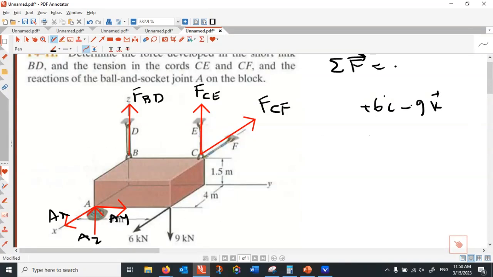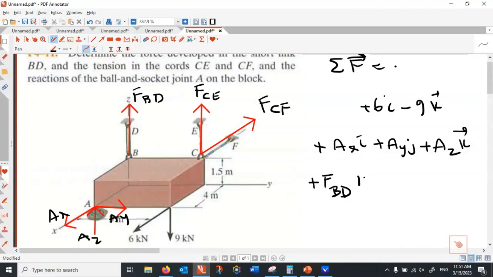How do I add A forces here? So that is plus AXI plus AYJ plus AZK, correct? Correct. So far, I took care of external forces and A. The next one is FBD. So how do I include FBD? That is plus FBD times K, correct?